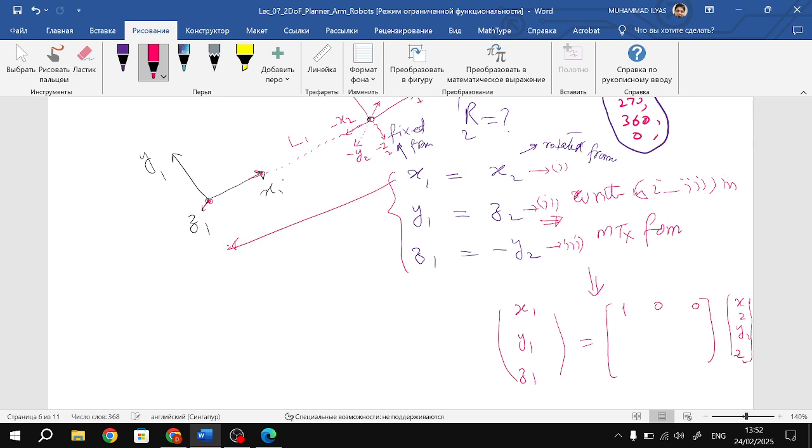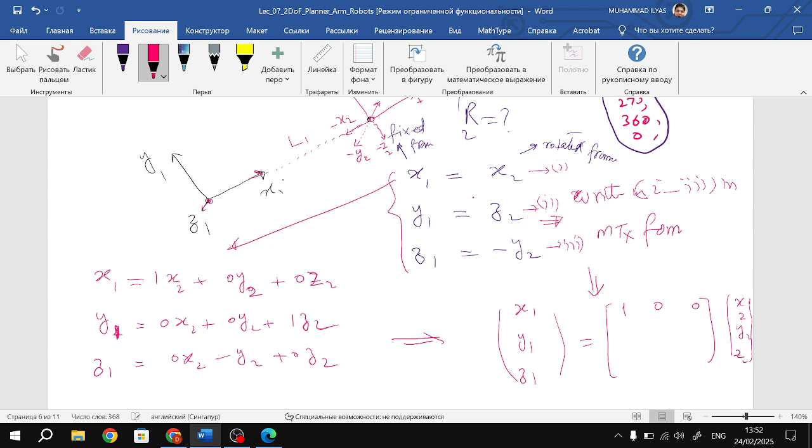Maybe I can write it in the full form. x1 is equal to 1 x2 plus 0 y2 plus 0 z2. And y1 is equal to 0 x2 plus 0 y2 plus 1 z2, right? And z1 is equal to 0 x2 minus y2, good, plus 0 z2. This is the full form, but I just use short notation.